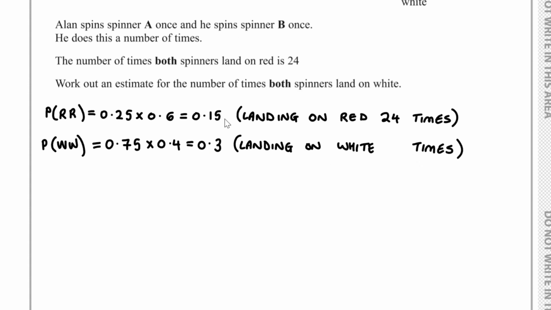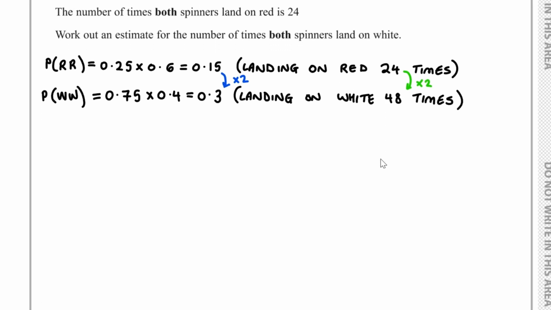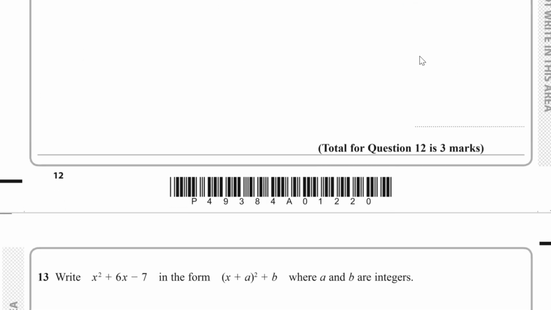And you can see to go from the 0.15 to the 0.3, we have to multiply by 2. So if we multiply the 24 by 2 as well, we would get 48. So therefore, we land on a red 24 times and we land on a white 48 times.